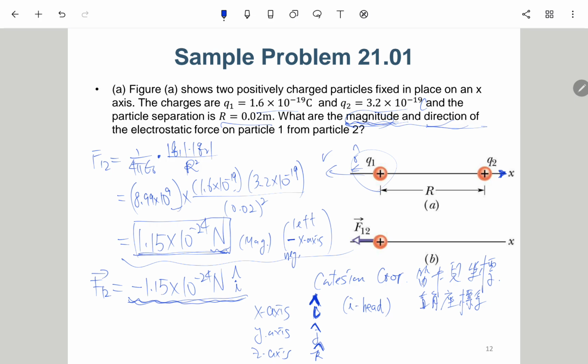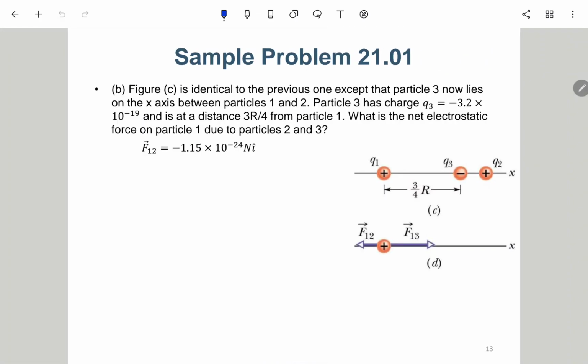Okay, so this is pretty much for the question A, and then for the question B, it asks you for the figure C here, which is identical to the previous one, except the particle 3 now lies on the x-axis between particle 1 and particle 2. Okay, so we put an additional particle here in between, also on the same x-axis.